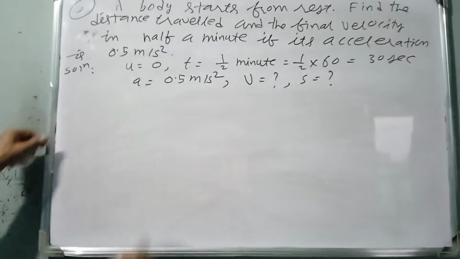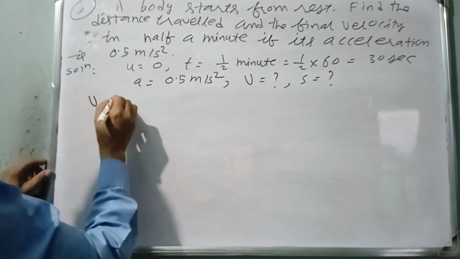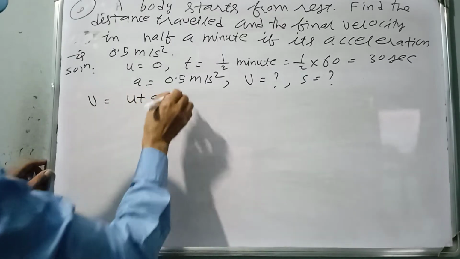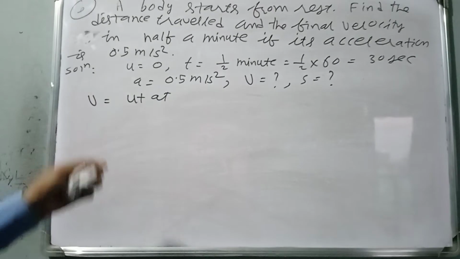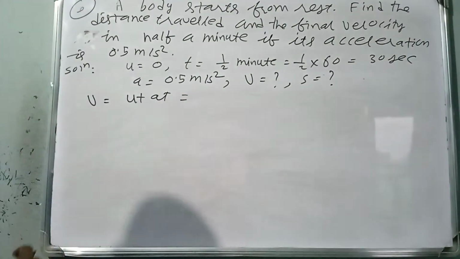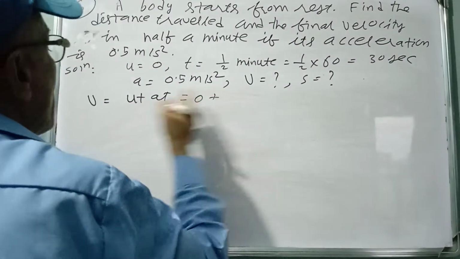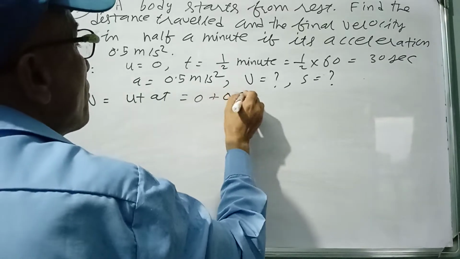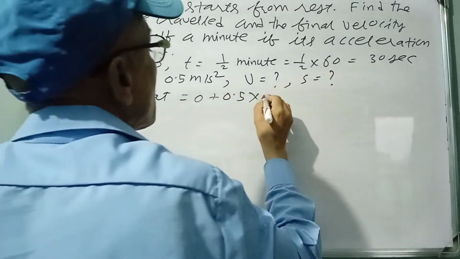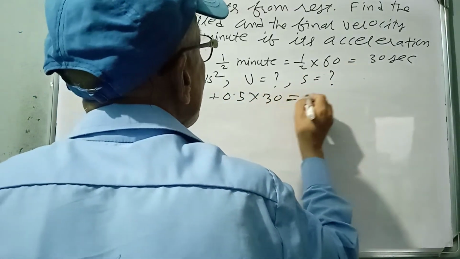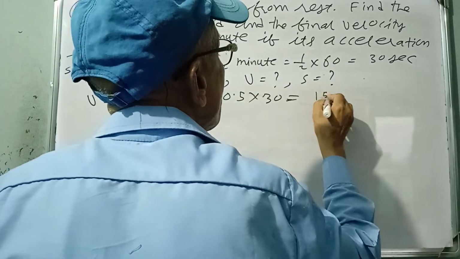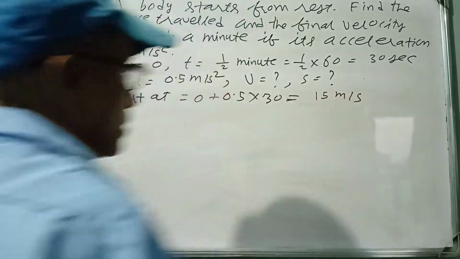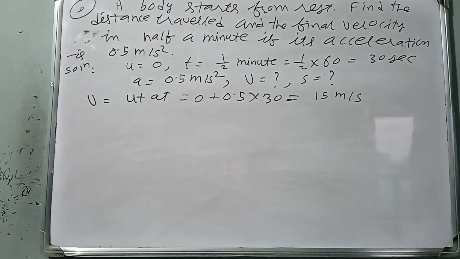How to find out? We know v equal u plus at. Final velocity is u plus at. What is the value of u? 0. A 0.5. Time taken is 30. Then 15 meter per second. In 30 seconds, the velocity becomes 15 meter per second.